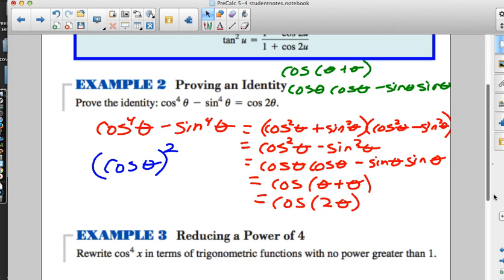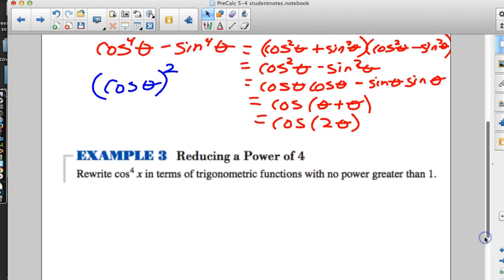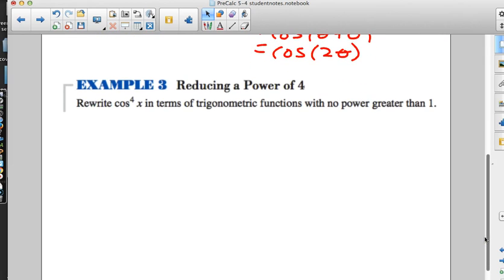Okay, anything else before we move past that? Now we want to use them. Rewrite cosine to the fourth x in terms of trigonometric functions with no power greater than 1. Oh my goodness, it's a fourth power. And we're going to write this with no power greater than 1. We will. So let's see. I don't see any formulas up there for power reducing that have 4's in them.